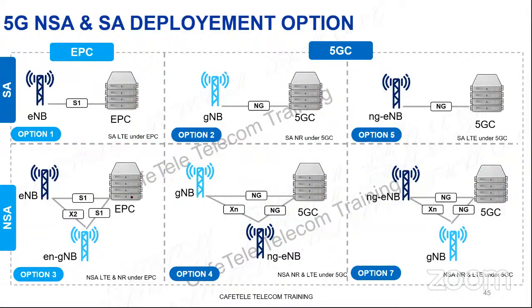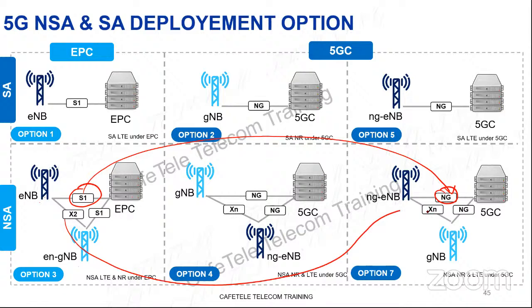From eNodeB to EPC, that interface we have is S1. But here we have the NG interface. Right. From eNodeB to en-gNodeB, here the interface is Xn. Previously it was the X2 interface. And this is gNodeB to 5G core, NG interface.